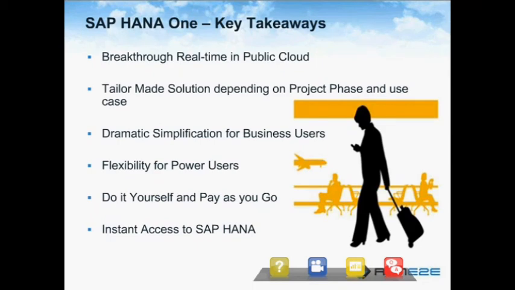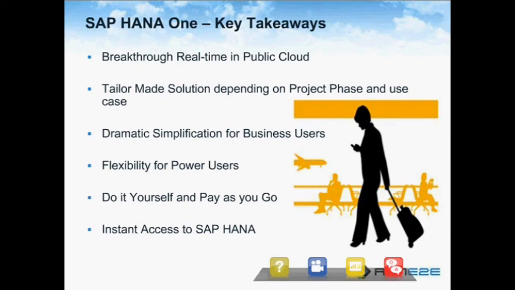It's tailor-made depending on what project use case you have. It's very simple to use. It's got a lot of flexibility for power users. Again, you're going to leverage some of the old school for power users with Business Objects. So if you're using Business Objects today and your power users like it, very simply you can get that large data set sitting in the cloud in Amazon in the HANA system and allow them the same access that they have today.